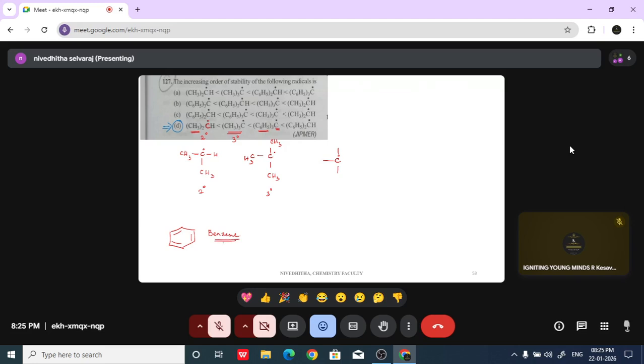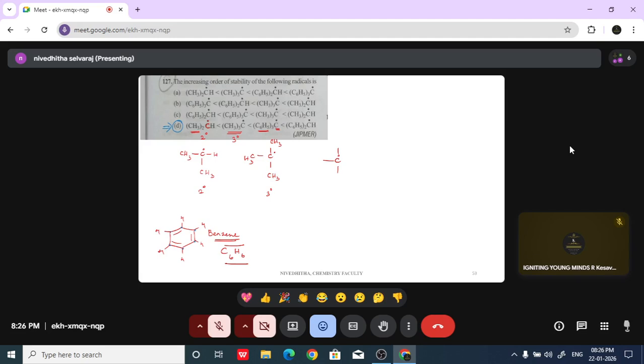How many carbons and hydrogens do we have in benzene? 6 carbons and 6 hydrogens. In benzene we have 6 carbons, and all the 6 carbons are connected with hydrogen atoms. This carbon with one hydrogen, this carbon with one hydrogen. So how many hydrogen atoms do we have? 6 hydrogens.